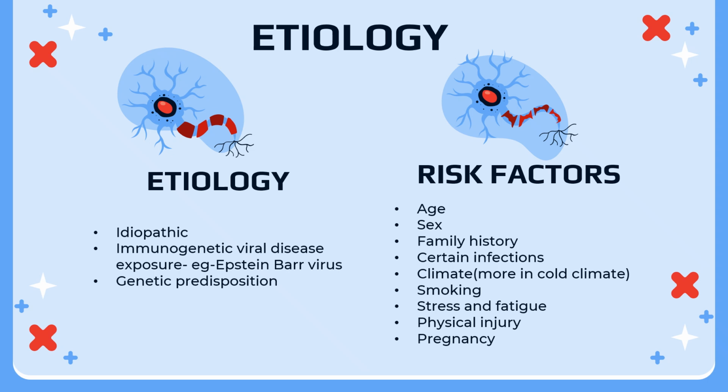Studies have found that once the patient has been exposed to this Epstein-Barr virus, it is leading to multiple sclerosis. And a genetic predisposition, that is, if it is already running in your genes, you may be exposed. Again, this is etiology.